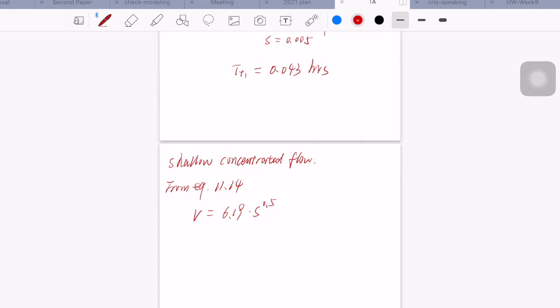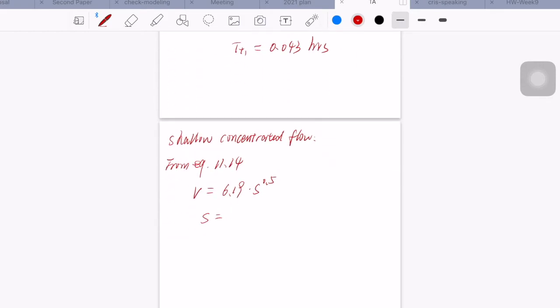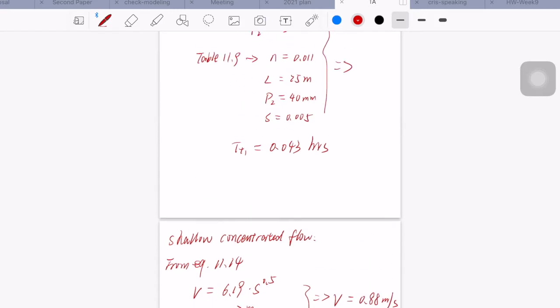And from the problem, we know the S should be equal to the dropping 2 meter in elevation over 100 meters in length. So S should be equal to 2 meters divided by the 100 meters. So S should be equal to 0.02. So we can determine that velocity equals 0.88 meters per second.